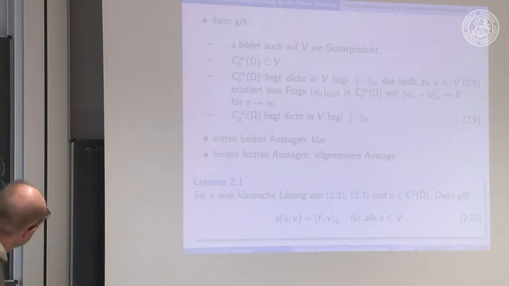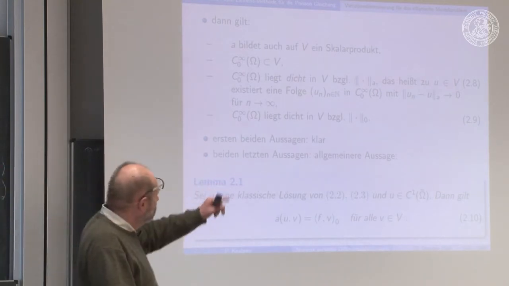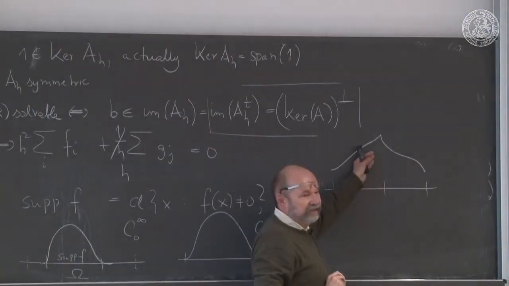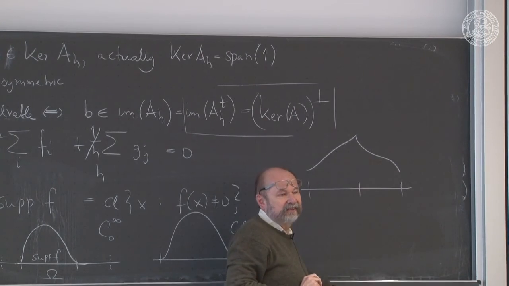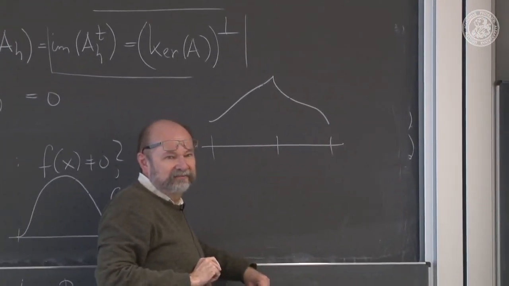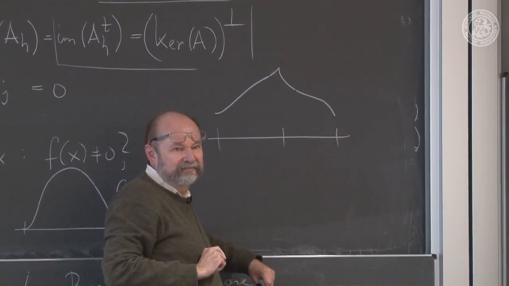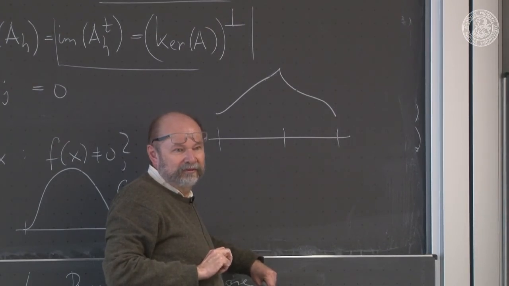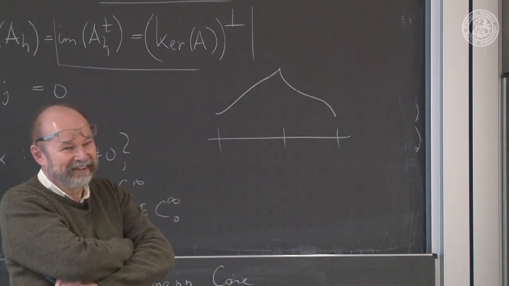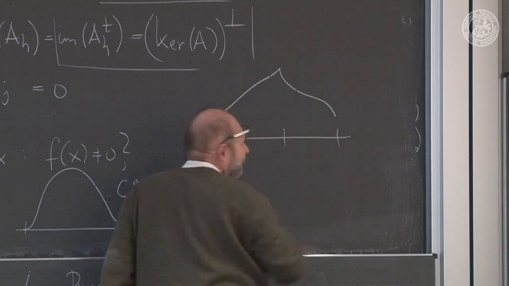So how would I do this here? There are two problems involved. Let's first look at the L2 norm, which is a little easier to comprehend. What is the problem here? I have three problems in the approximation. Where do I have to do something to approximate this with C infinity 0 functions? At which of these points do I have to take care? Or is this maybe already a C infinity 0 function, so I don't have to do anything? Here I have a problem, and where else?